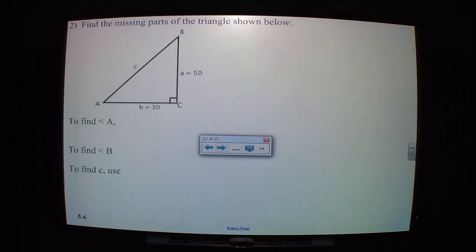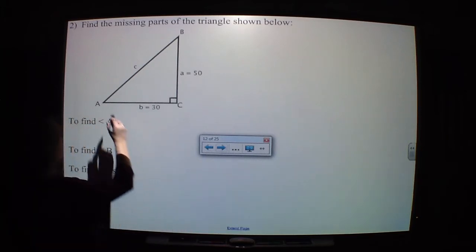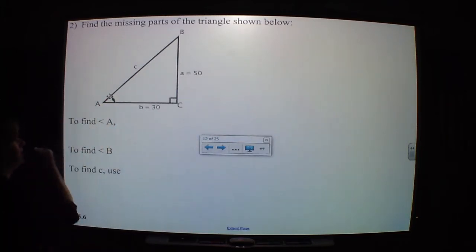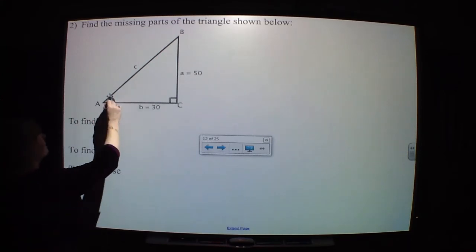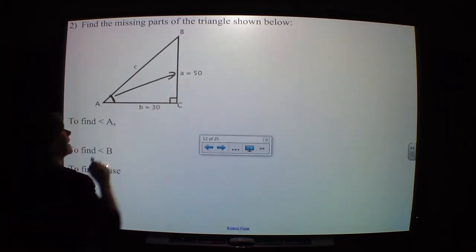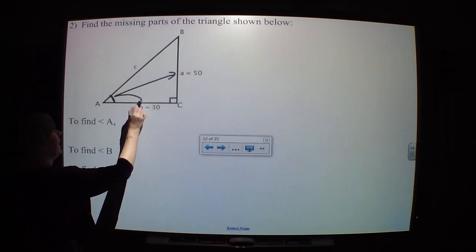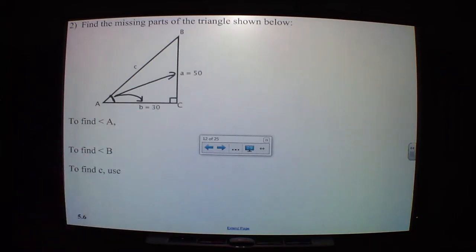Now I have one where I know two sides, and I want to find my missing angles and my missing side. So first of all, I'm going to find angle A. And you can find C first if you wanted. I'm going to find A first. Remember A. I have an opposite side that I know. I have an adjacent side that I know.